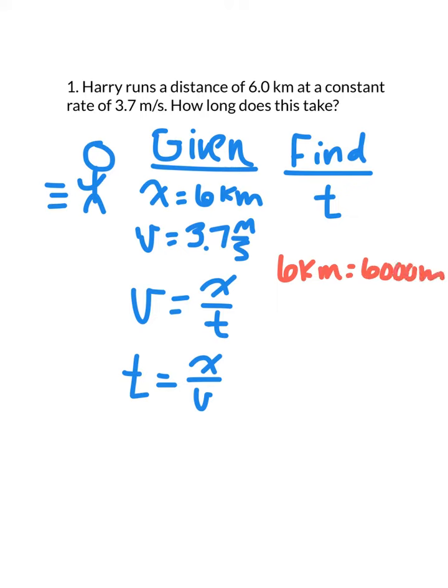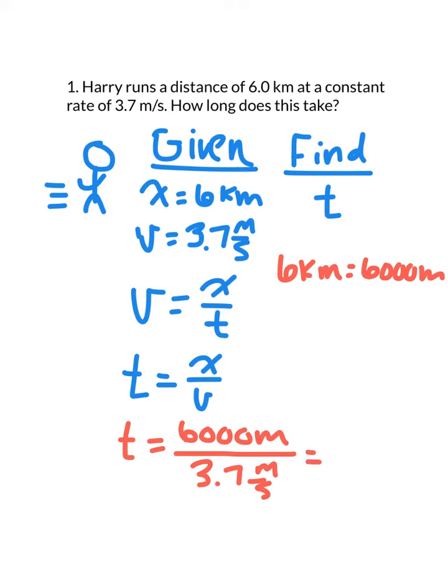So I can plug this in down here. T equals 6,000 meters over the speed 3.7 meters per second. 6,000 divided by 3.7 is going to equal 1,621.6, and it's going to keep on going. The units for that would be seconds. And before I put the unit in, I just want to show you how I know.